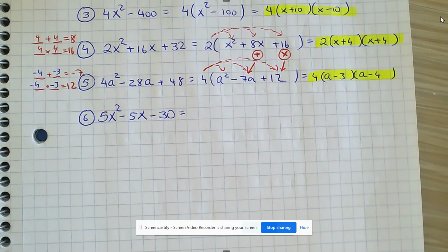So you are going to dig deep in that brain of yours. What are the 2 numbers that when I add them I get -1, but when I multiply them I get -6? There are only 2 numbers that do that.